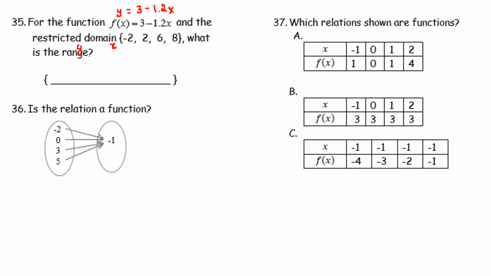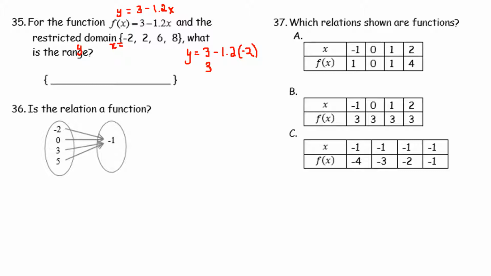So I'm going to take -2, 2, 6, and 8 and plug those into my x and see what I get for the y. So this first one here, I've got y equals 3 minus 1.2, and the first one that I'm going to plug in here is -2. Remember, do your multiplication first. So 3 times, and that's a -1.2 times -2.